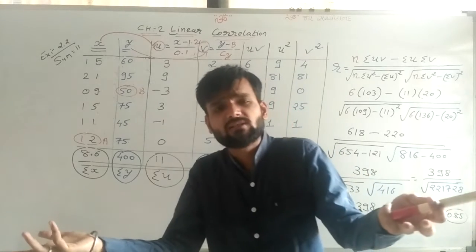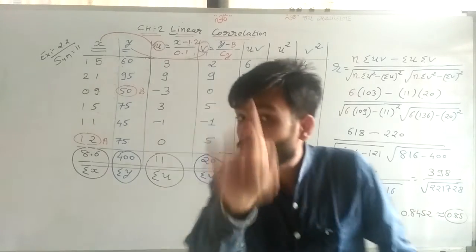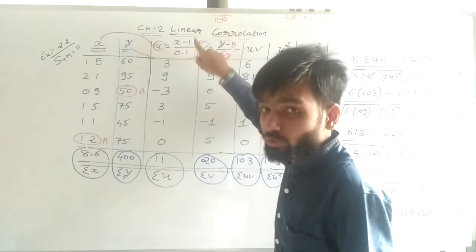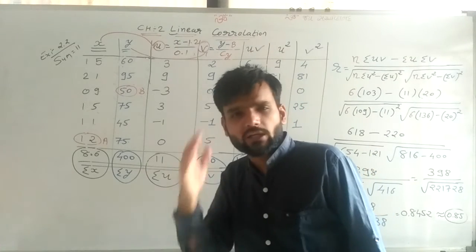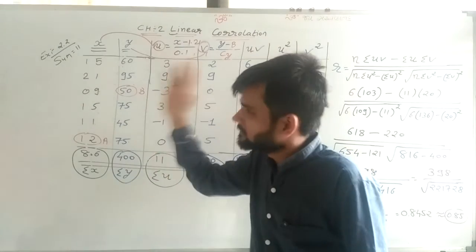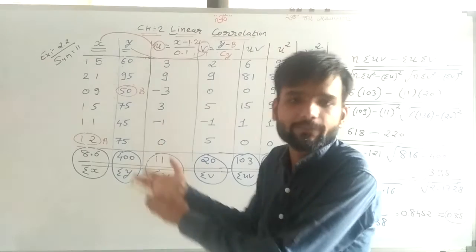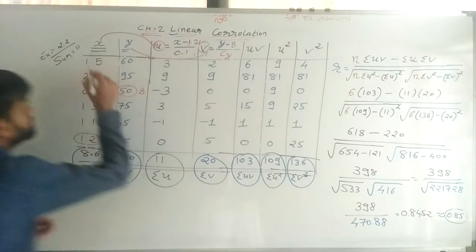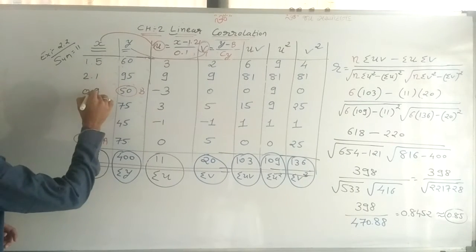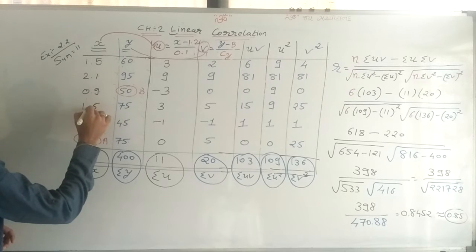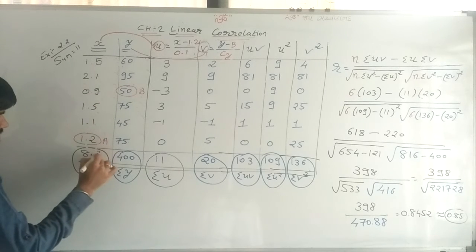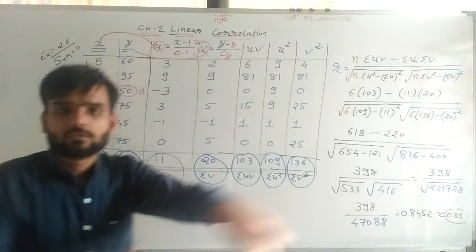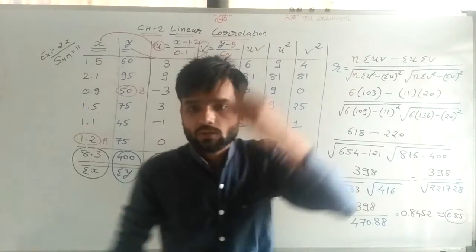So the calculation becomes easy. You have to write here minus 1.2 divided by 0.1, but whenever you are calculating, then think directly in this way. Clear?